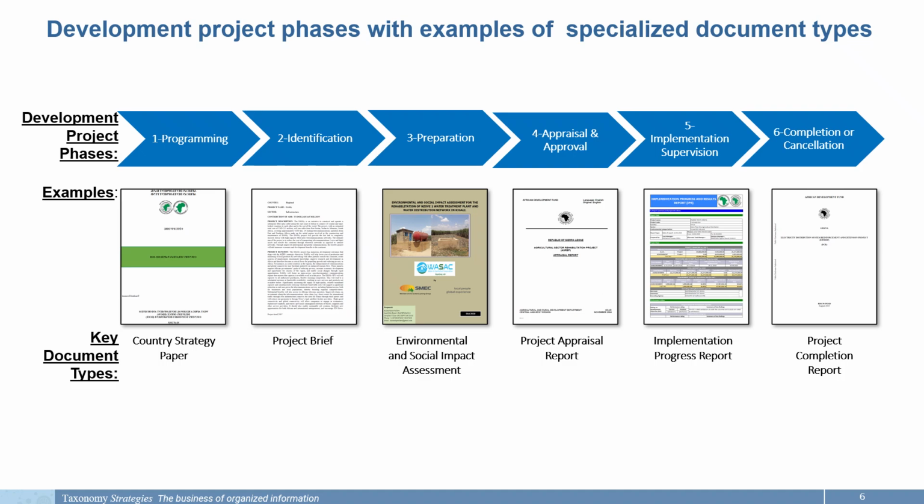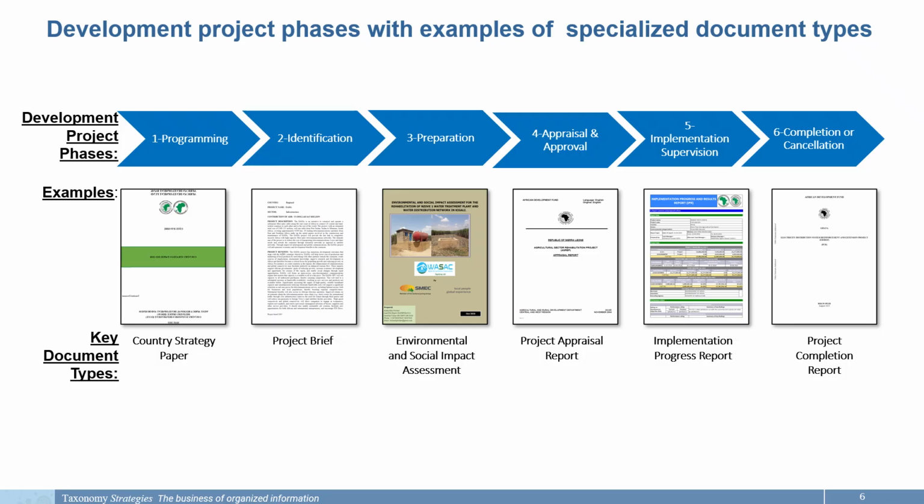One method to facilitate collaboration and document management is the development of templates that standardize the form, structure, and metadata of key document types, such as the reports that are generated in conjunction with each phase of the development project lifecycle, as shown in this slide.